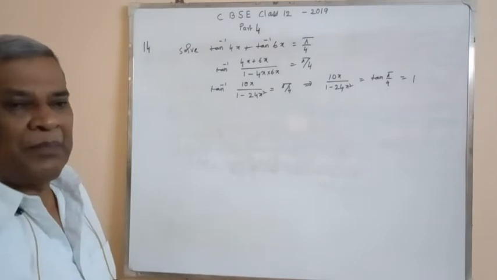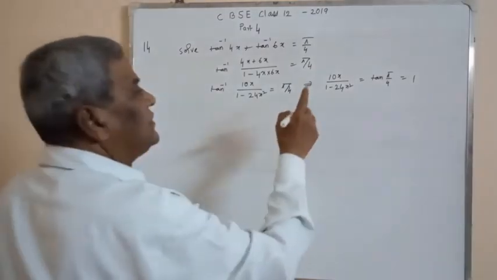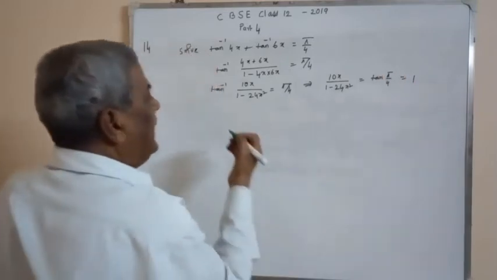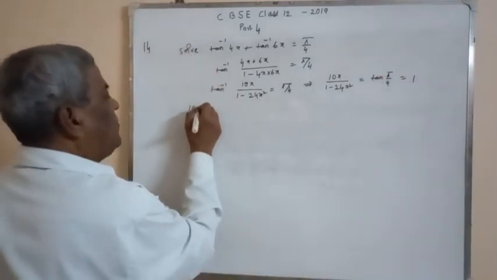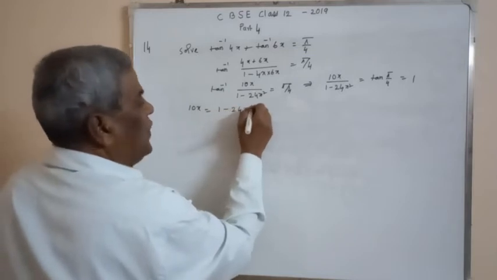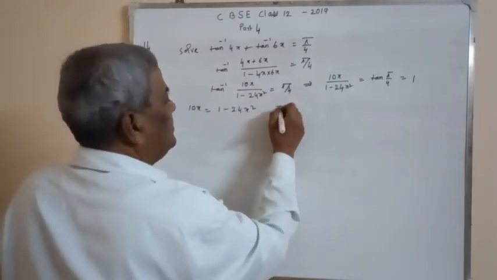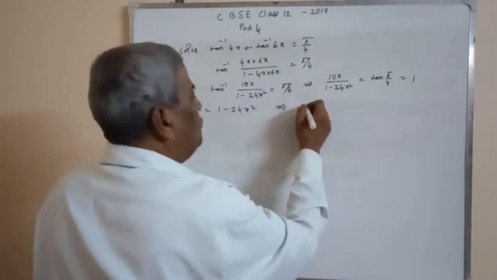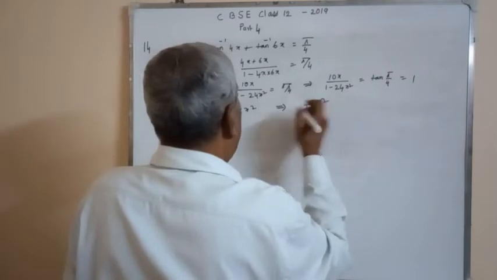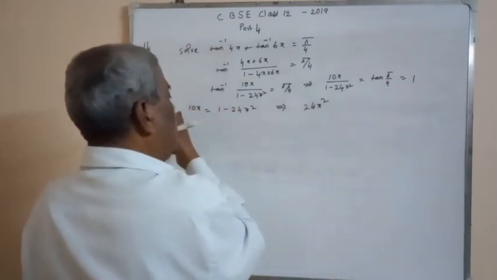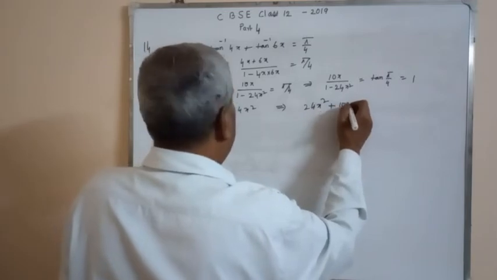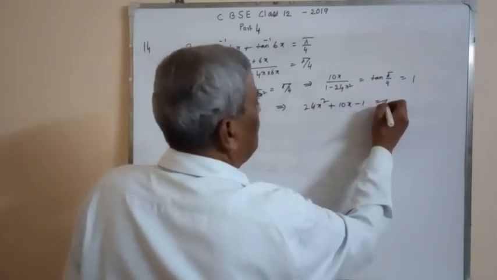Now it becomes an algebraic equation, and using this we get 10x is equal to 1 minus 24x square, that is 24x square, taken to that side, plus 10x minus 1 is equal to 0.